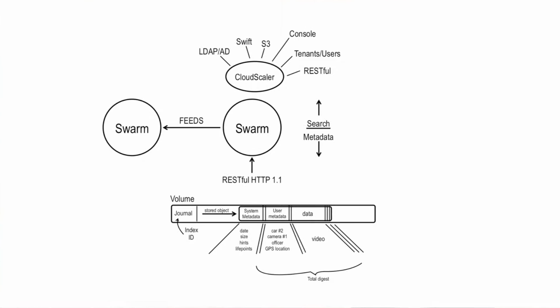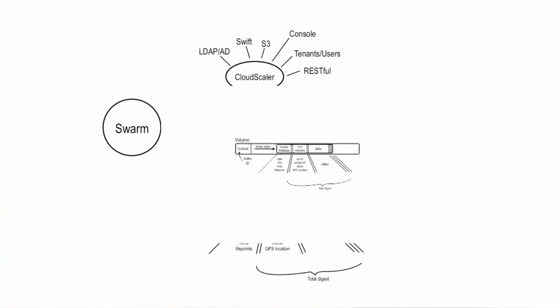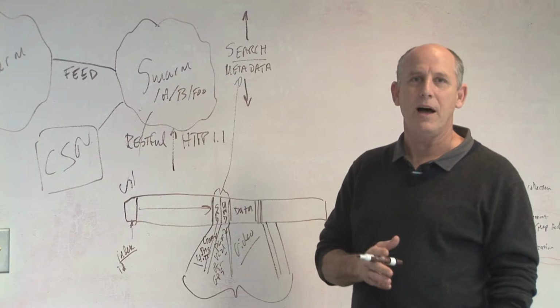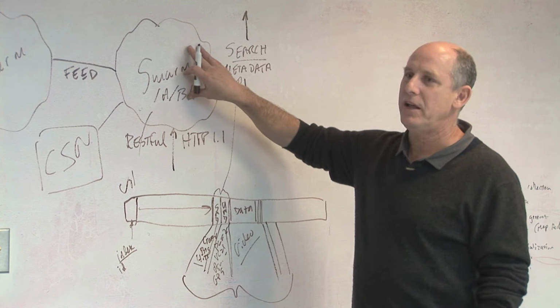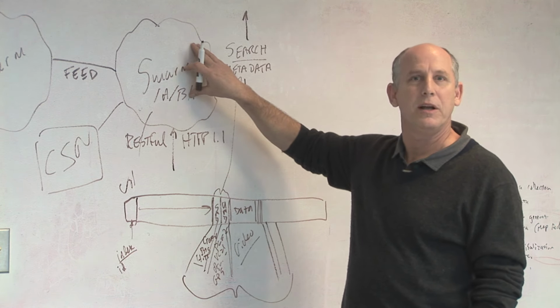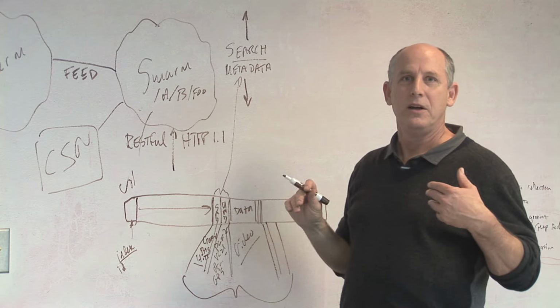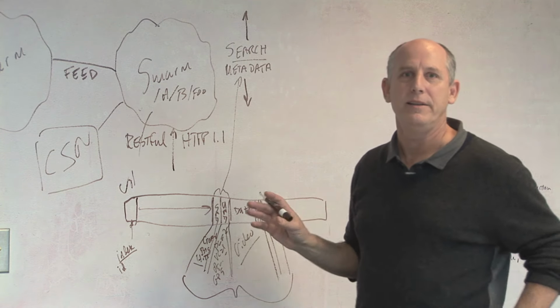So one of the big benefits of this object storage system over file systems is that you never actually have an IOP until you start reading the object. And any node in the cluster can find it for you using a particular algorithm that we have that uses heuristics and this index to find the object without ever hitting the disk.